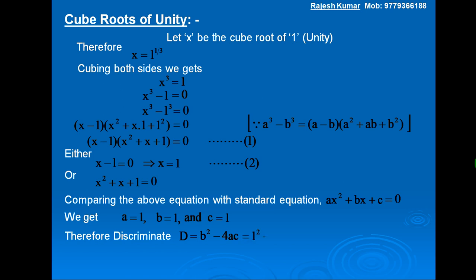Putting the values, this is equal to 1 square minus 4 into 1 into 1, because a is equal to b is equal to c is equal to 1. And solving this, this is equal to 1 minus 4 is equal to minus 3, which is less than 0. That is negative.